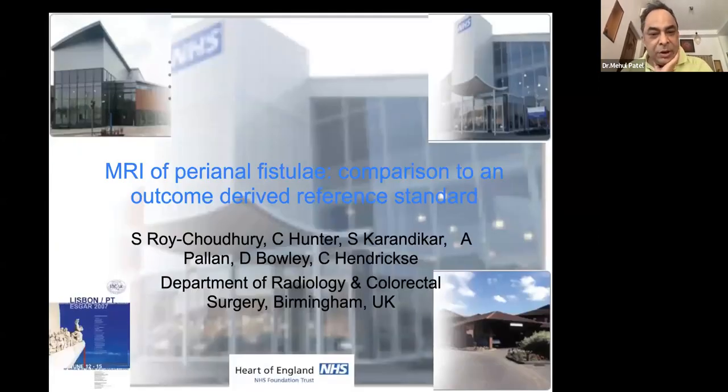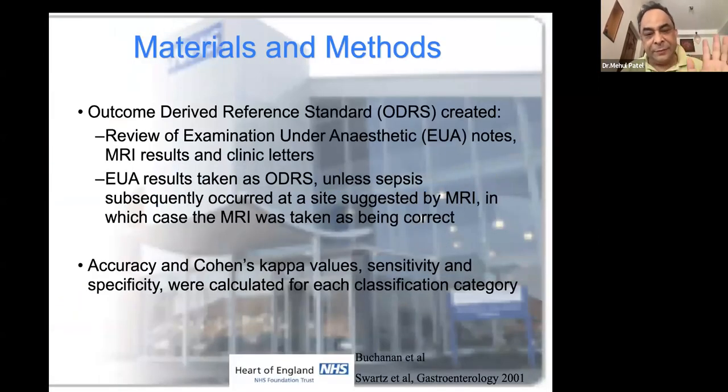I want to talk about this particular paper, where one little concept that you must have is what is called an outcome derived reference standard. Now, the concept is very simple. In the older days, I think you younger surgeons don't necessarily subscribe to this, but we had to fight with our surgical colleagues, who used to think that their examining finger is the gold standard.